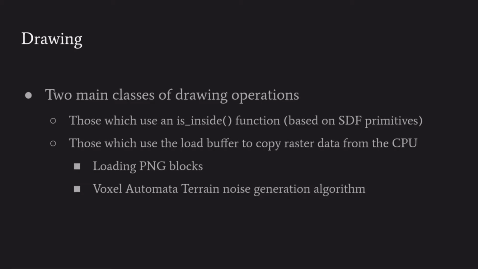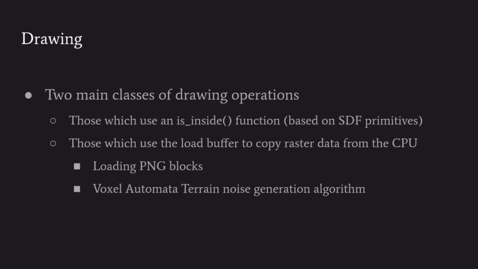And then the other uses a separate piece of GPU memory as a load buffer, which copies raster data from the CPU, and copying from that is done in a way that respects the mask.